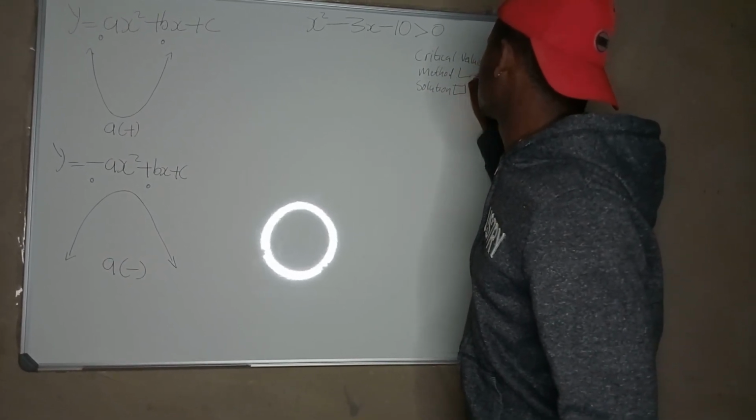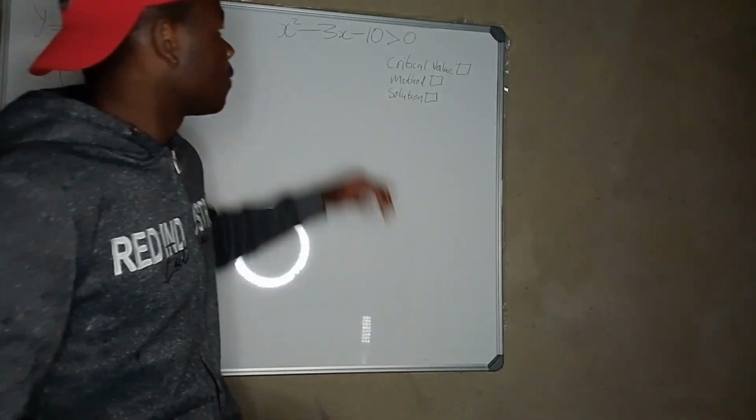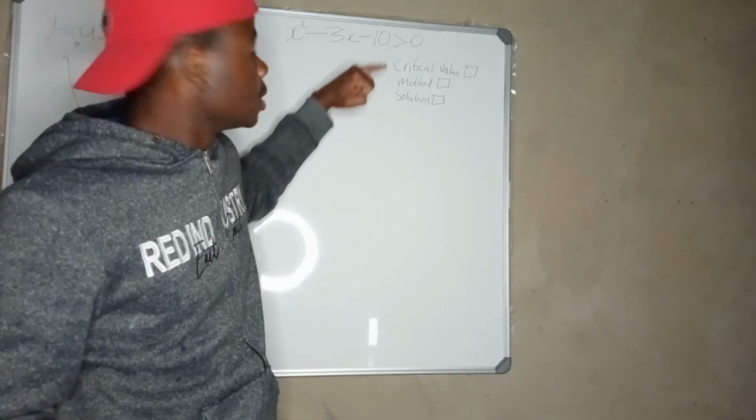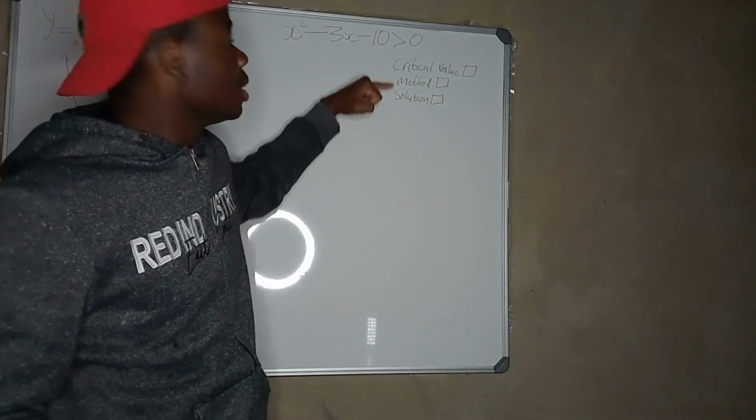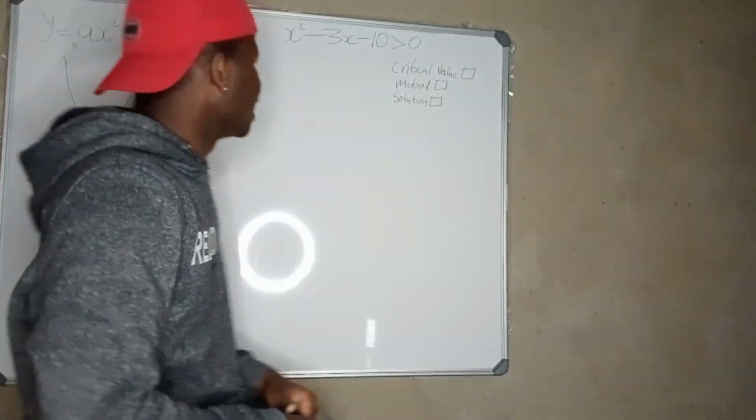We need to tick these three boxes before you can say that you know them. First step is the critical values. The second step is the method, and the third step is the solution.